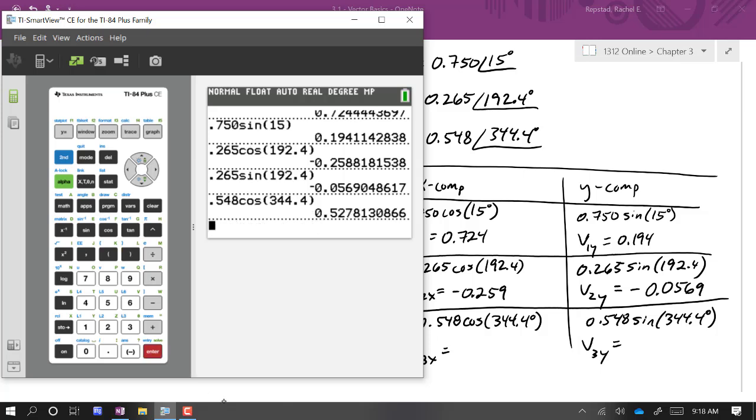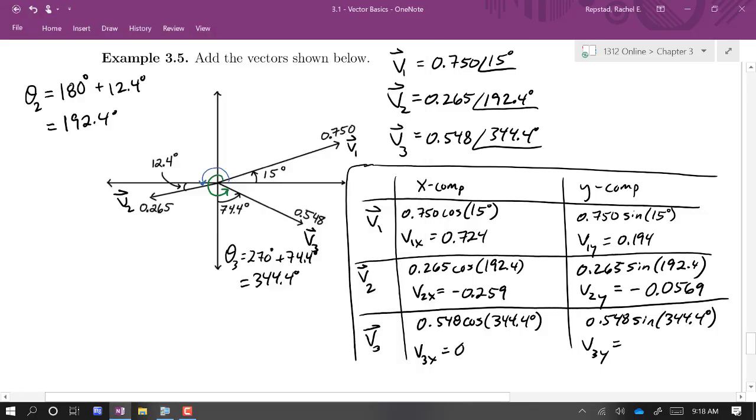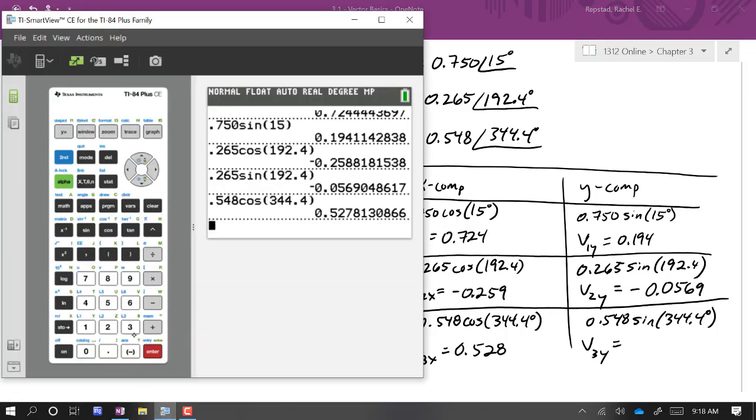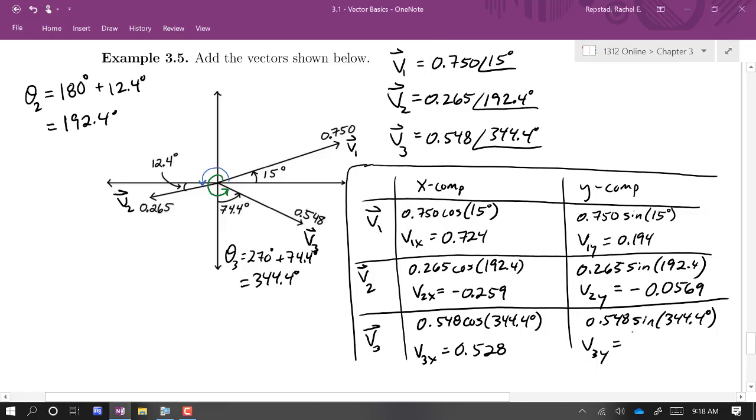And that's 0.528. And for V3y, 0.548 sine 344.4 is negative 0.147.